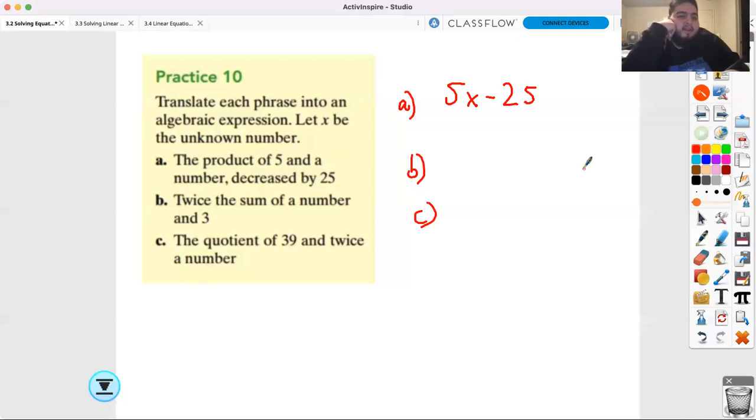Do they agree with 5x minus 25? Did they get something different? And anyone want to share what they got for B and C?